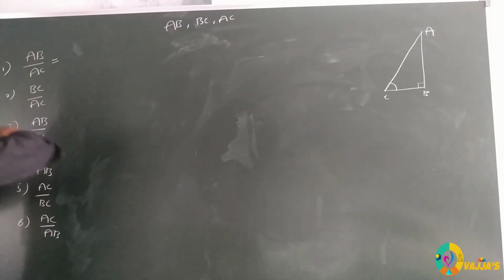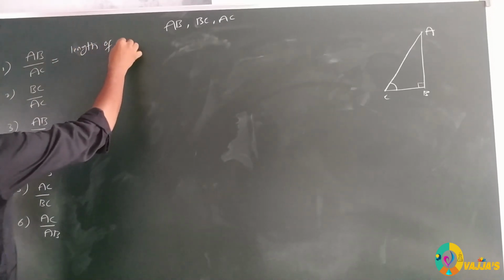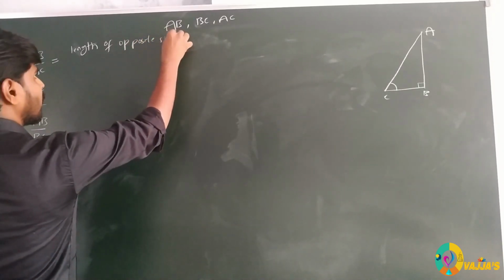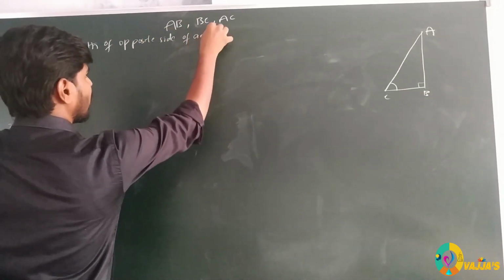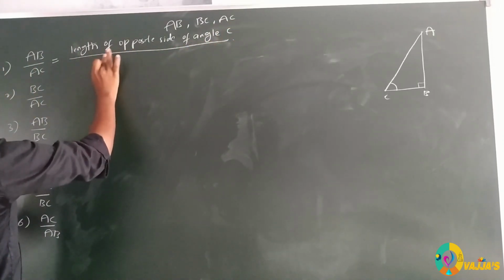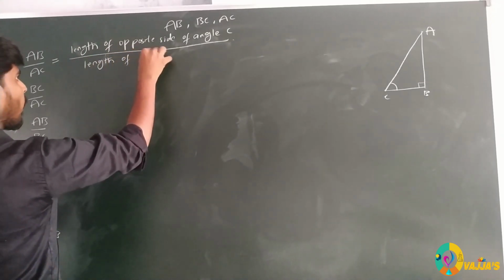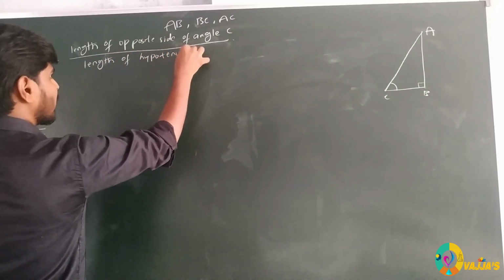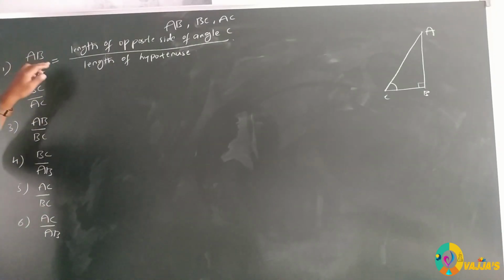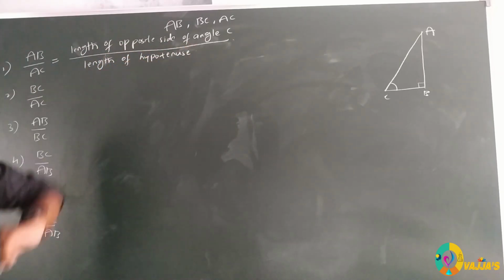So here I am writing the length of the opposite side of angle C by the length of hypotenuse. Look here, AB by AC. So I am writing the length of the opposite side of angle C by the length of hypotenuse.